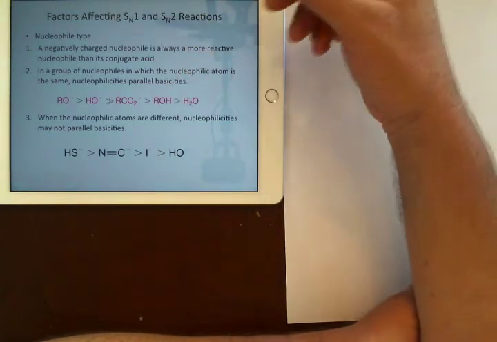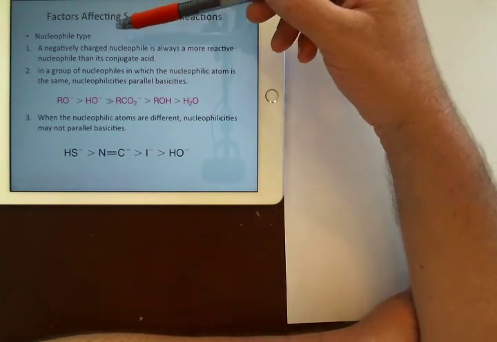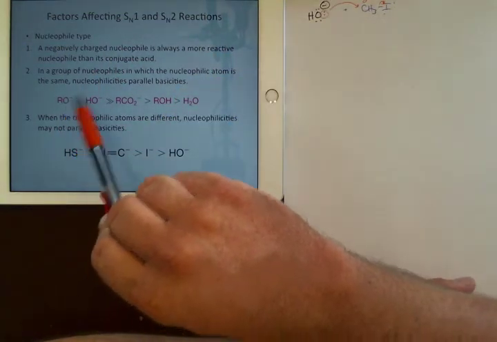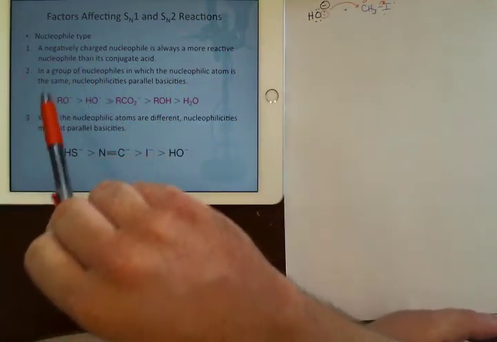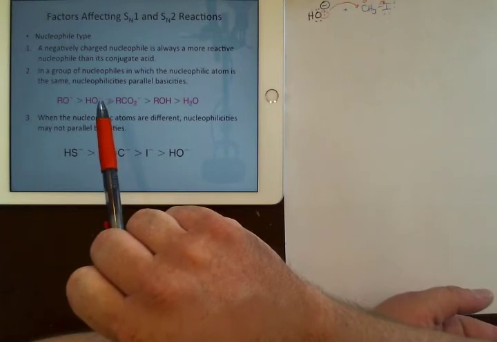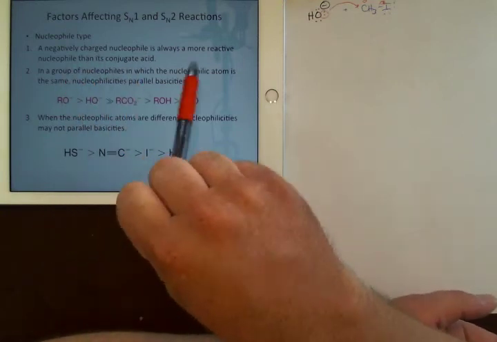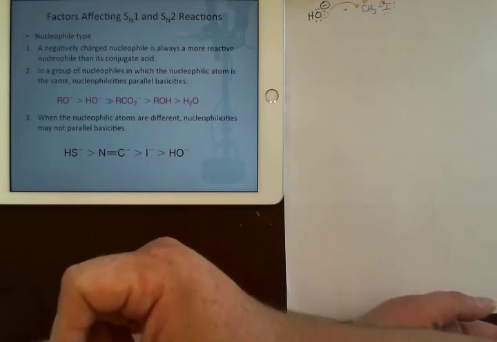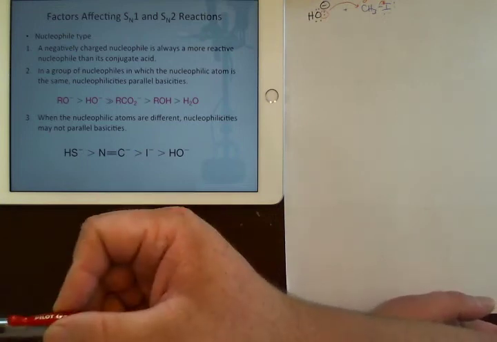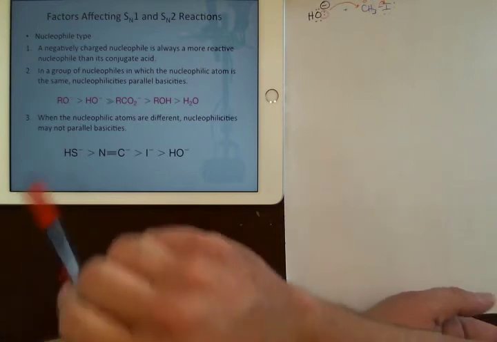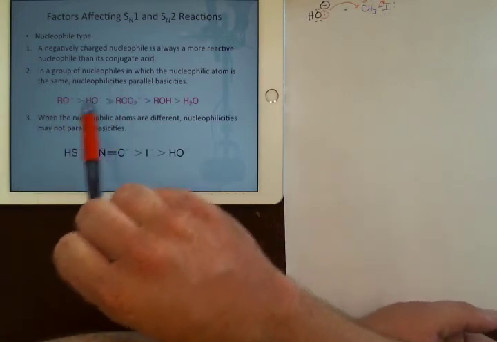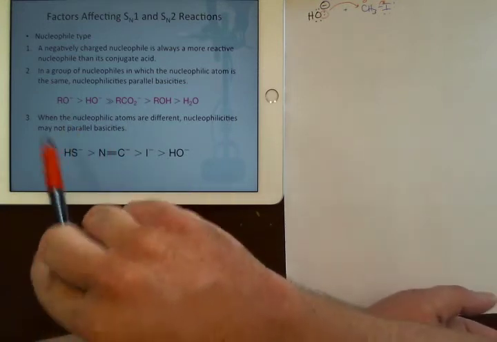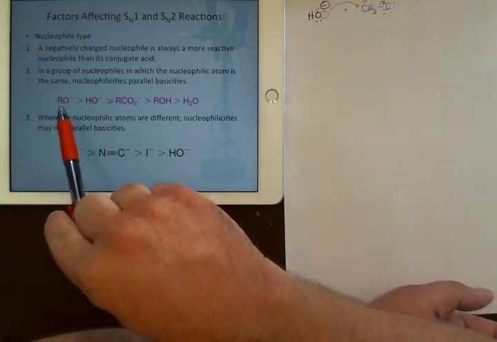Now, the factors affecting nucleophilicity. In general, negatively charged nucleophiles are almost always going to be more reactive than the conjugate acid, the uncharged one. In the same group, if you're looking at oxygen nucleophiles, the stronger the base, the better the nucleophile is.